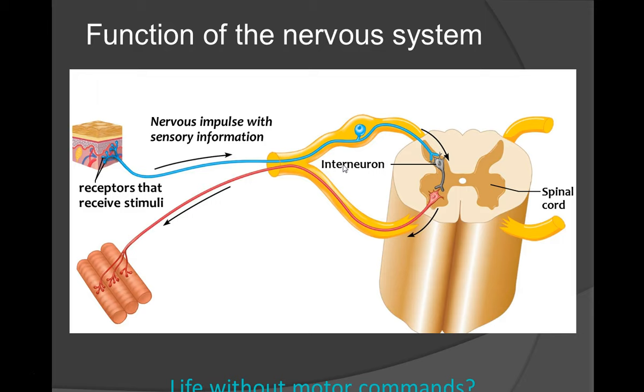Once the brain or spinal cord decides what to do about this stimulus, it is going to send a nervous impulse, an electrical signal, down the motor neuron. And that neuron is going to send a little signal to the skeletal muscle. The general name for things that respond are effectors.